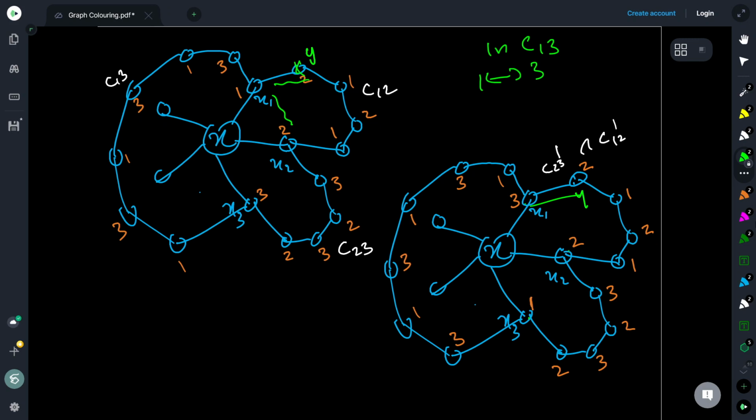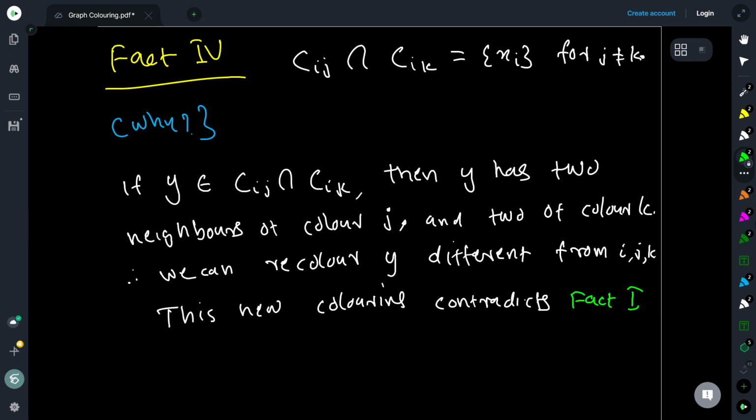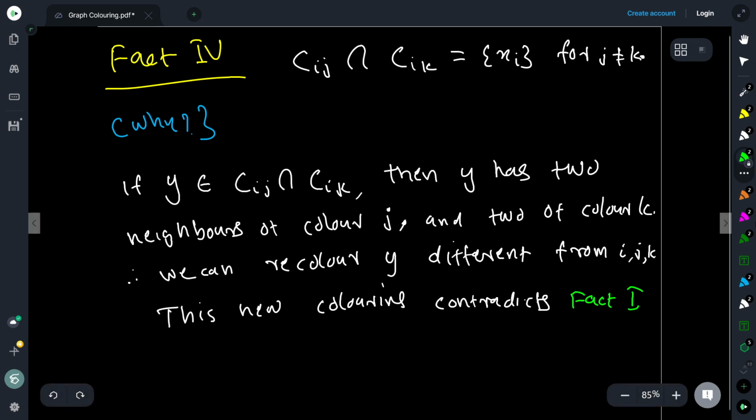So C12 dash and C23 dash, the new components, may have some other connections we don't know about, but they definitely contain the vertex y in their intersection, and y was not one of the xi's. This contradicts the fourth fact we proved, that the intersection is precisely the xi itself.